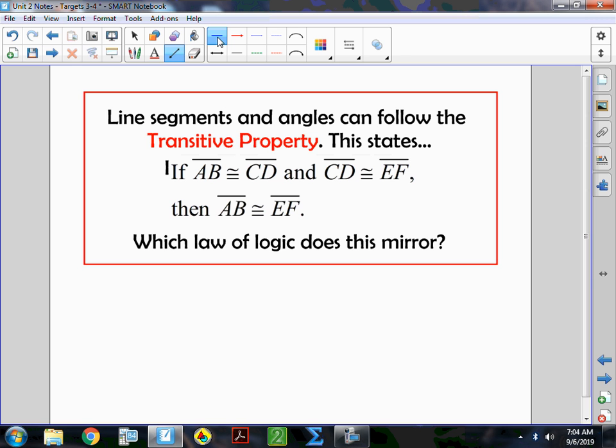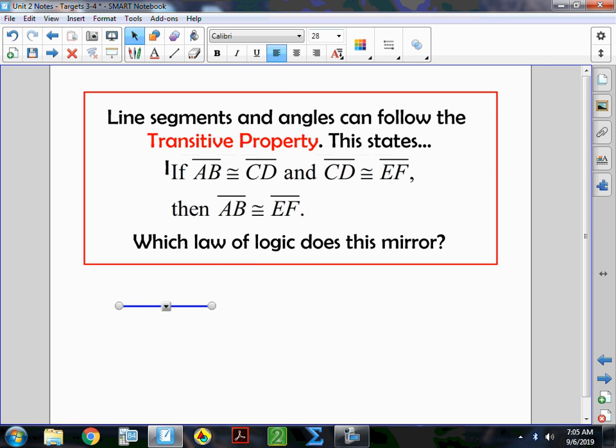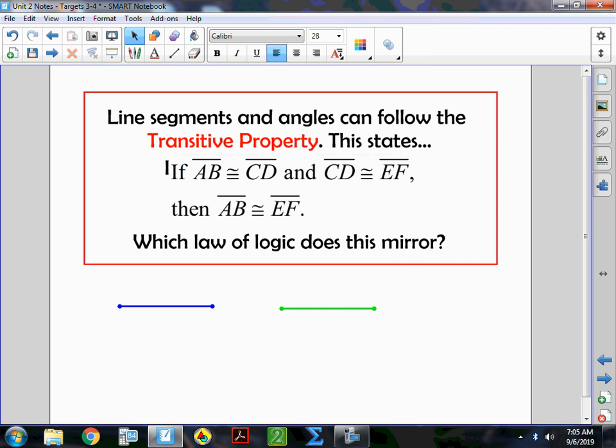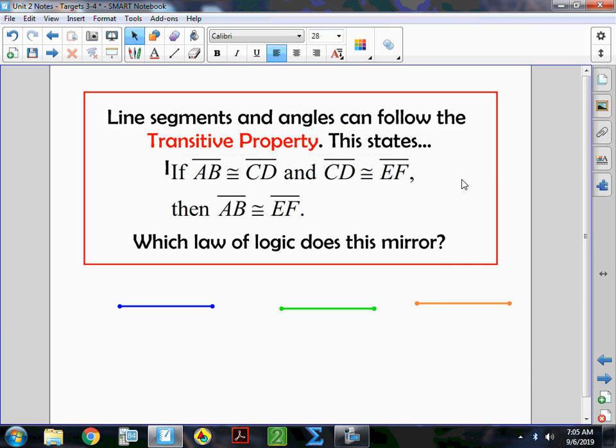So for example, if I wanted to draw that out, if I call the segment AB and this segment CD and this segment EF, transitive property shows me this.